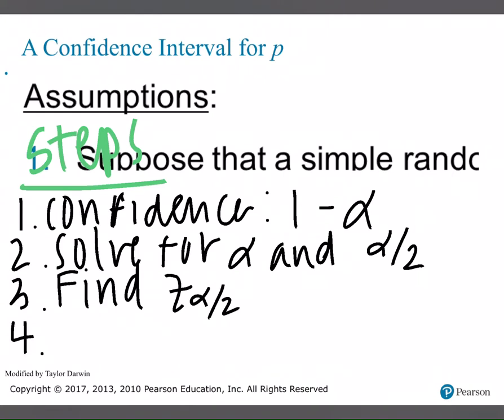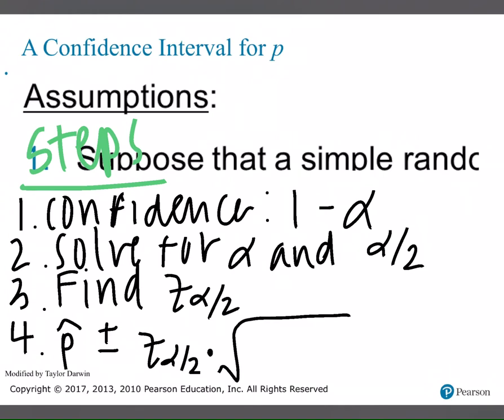Plug it in the formula, which is on the next page as well, but it's p hat plus or minus z of alpha divided by 2 times the standard deviation, which is the square root of p hat times 1 minus p hat, all divided by n.